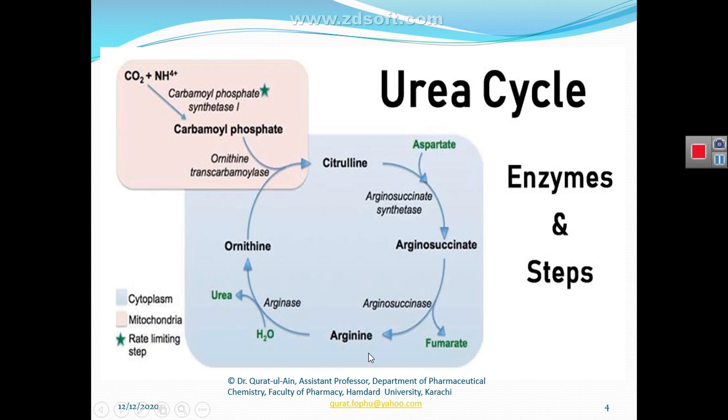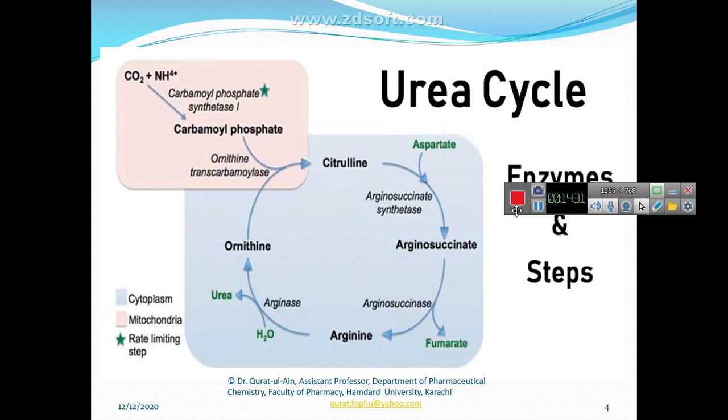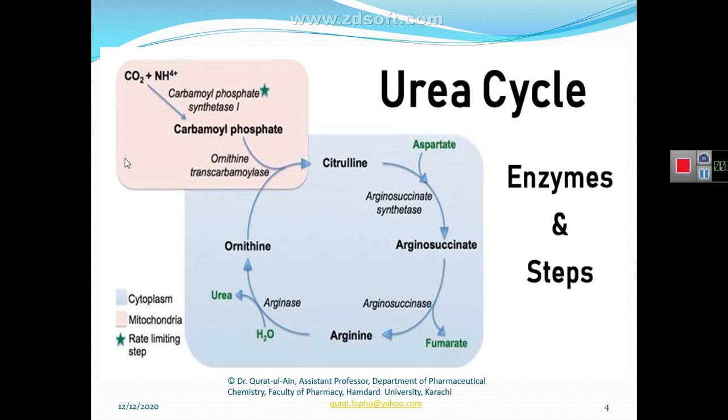So here this is the cycle. We will discuss step by step how the urea cycle starts and how it ends. As I told you previously, the urea cycle starts from ammonia. Where is ammonia generated from?